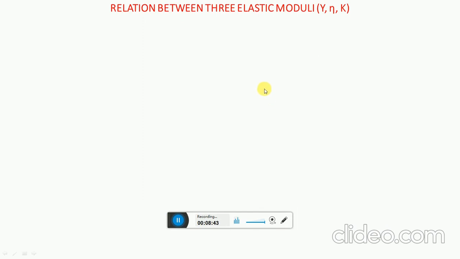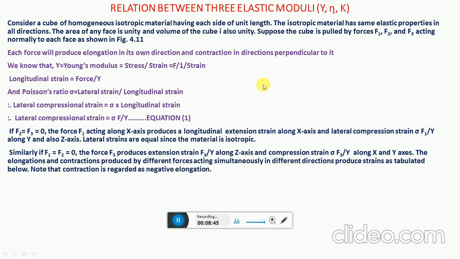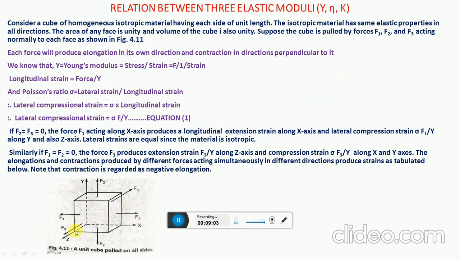These are the three types of moduli, and each type of modulus is related to the others, and therefore we concentrate on another point, the relation between the three moduli, that is Young's modulus, bulk modulus, and modulus of rigidity. For this purpose, consider again a cube having each side of unity, of homogeneous isotropic material.